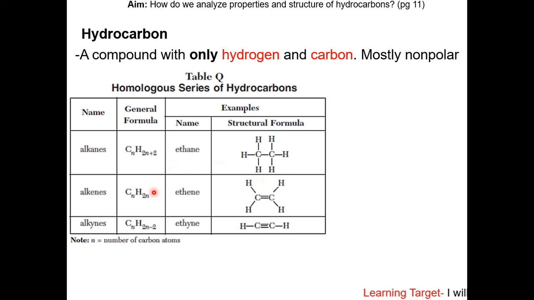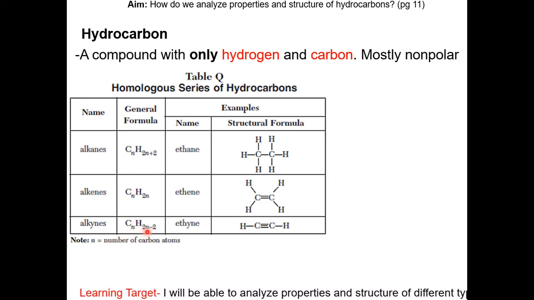By using the general formula, n is equal to 2, so the number of hydrogens is 2 times 2, which is 4, as seen on the structural formula. Ethyne also has 2 carbons and is considered an alkyne because of the carbon-carbon triple bond. By using the general formula, the number of hydrogens will be 2 times 2 minus 2, equal to 2. That's why there's 2 hydrogens in the structural formula.